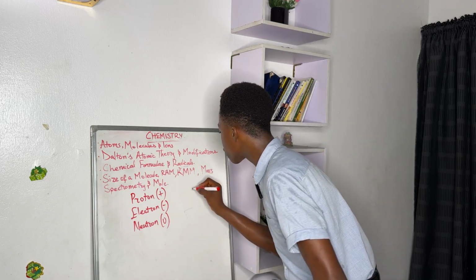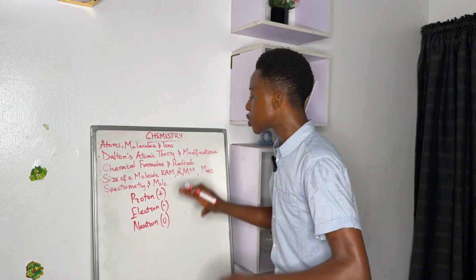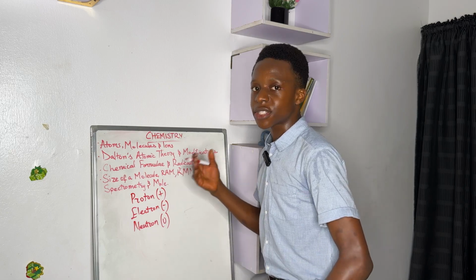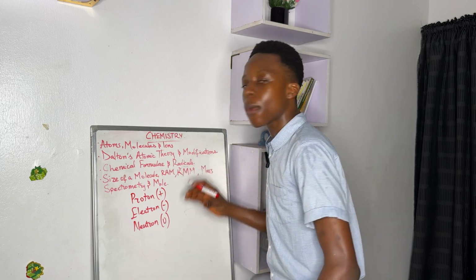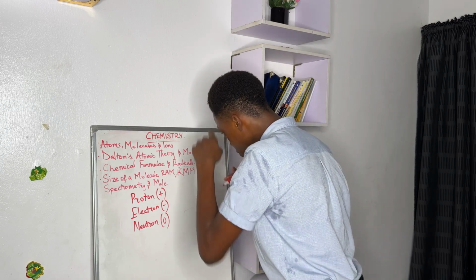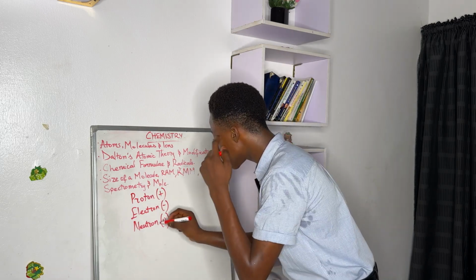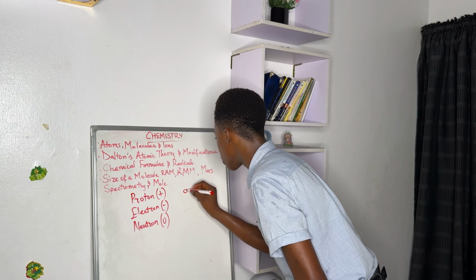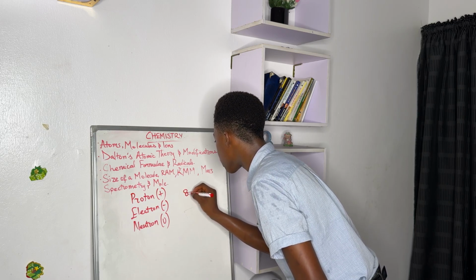And this was kind of what the structure of an atom was, or Rutherford's own structure of an atom. There were some other chemists that came along and began to put up their own models of atoms, like Niels Bohr, but Ernest Rutherford's model of the atom looked something like this. The proton and the neutron were the nucleus. So let's say this was a proton, and let's say this was a neutron.